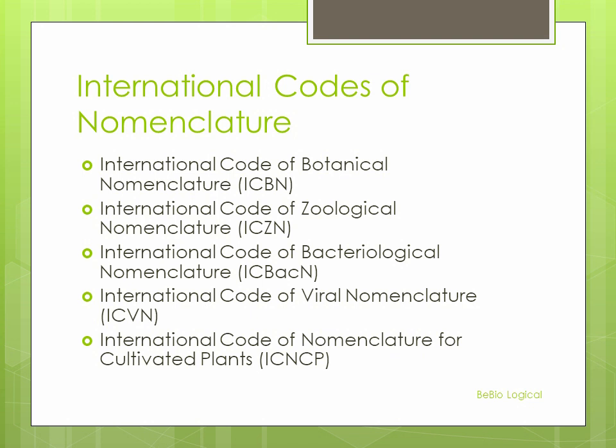International Code of Botanical Nomenclature for naming plants, International Code of Zoological Nomenclature for naming animals, International Code of Bacteriological Nomenclature for naming bacteria, International Code of Viral Nomenclature for naming viruses, and lastly International Code of Nomenclature for Cultivated Plants for naming only cultivated plants.